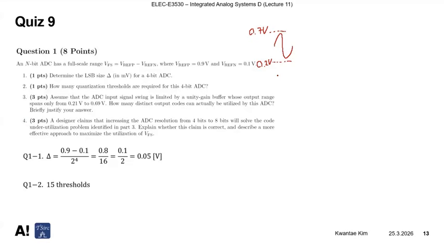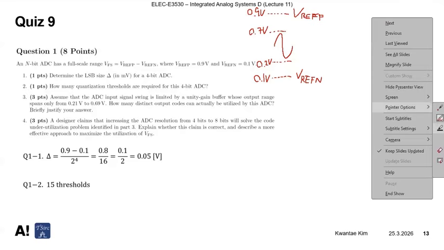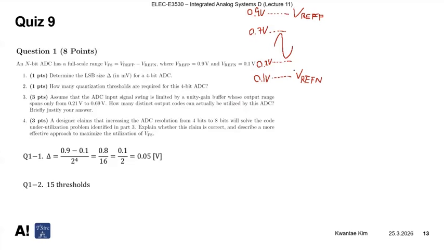Because our LSB is only 50 millivolt, and this is 0.1 volt, which is reference N, and here we have 0.9 volt, which is reference P. In this case, this area and this area, we are not using at all because our input signal is only swinging from 0.21 volt to 0.69 volt.